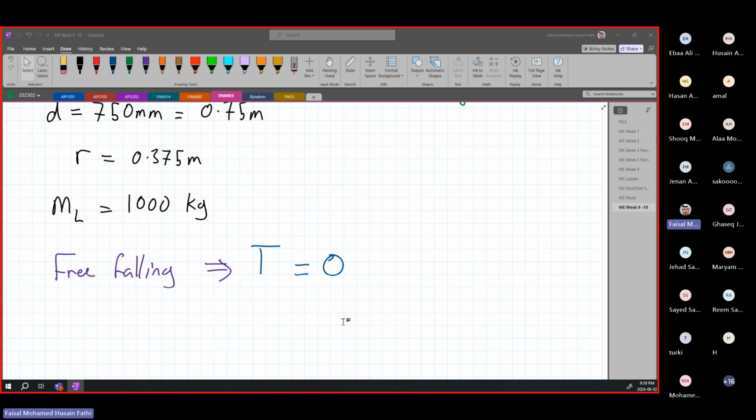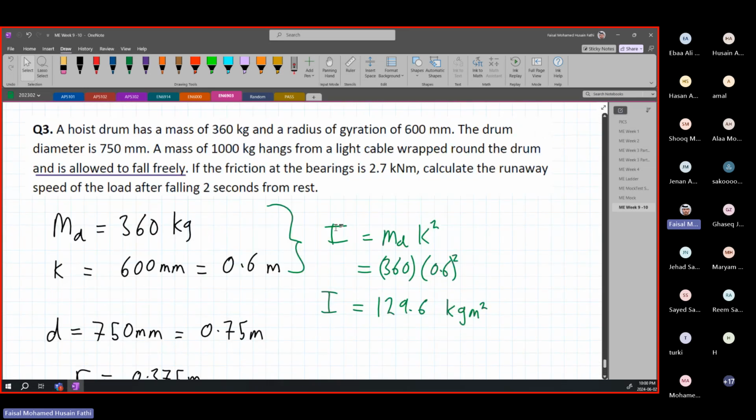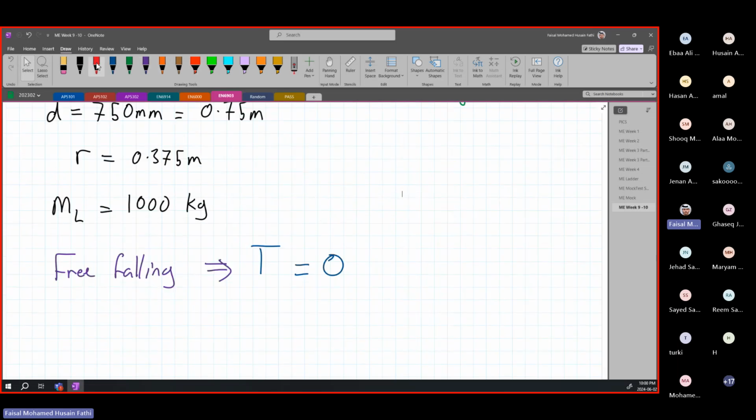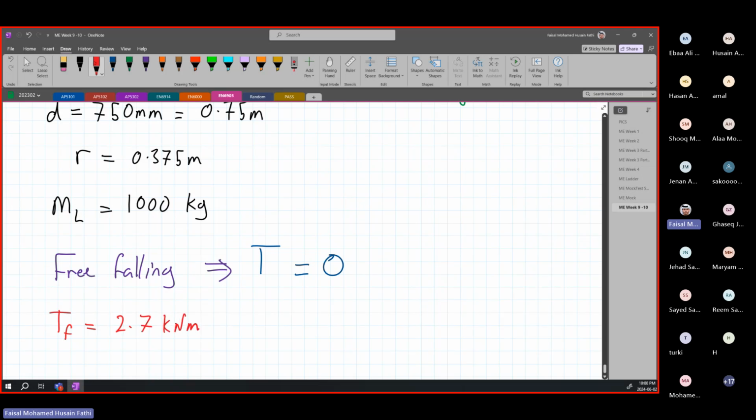That's what free falling means. The hoist is not rotating, or there is nothing forcing it to move. If the friction at the bearings is this value, 2.7 kilonewton meter, so T friction is equal to 2.7 kilonewton meter, or in other words, 2,700 Newton meter.